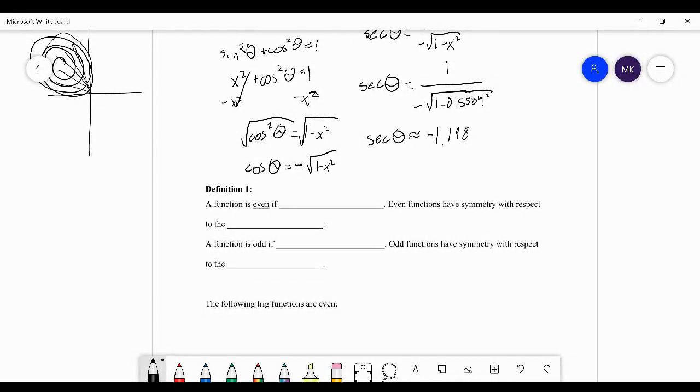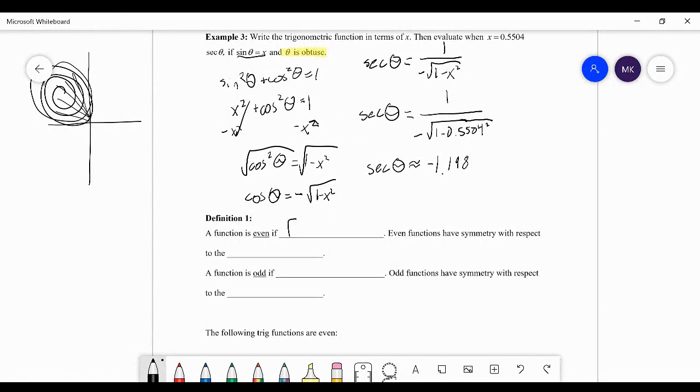So the definition of these, the very kind of very math-based symbolic definitions, we say that a function is even if f of negative x is equal to f of x.